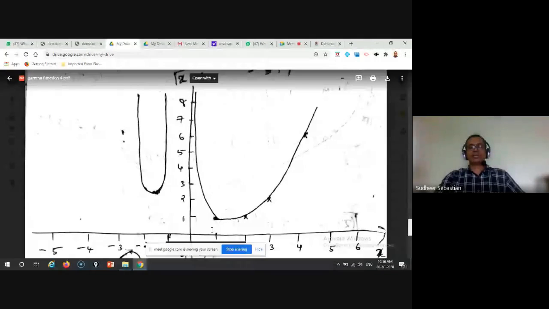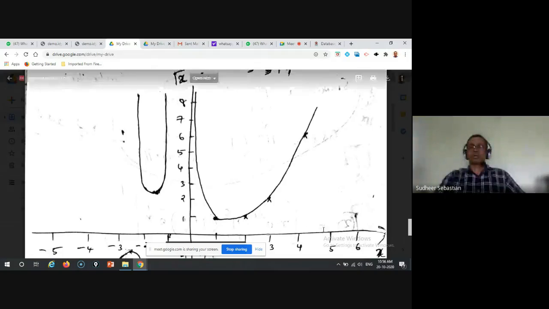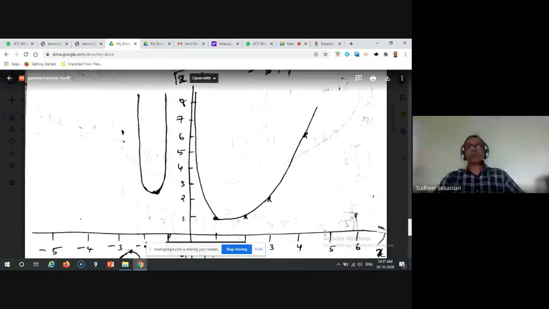Gamma 1 is 1, gamma 2 is 1, gamma 3 is 2, gamma 4 is 6, and it increases like this.